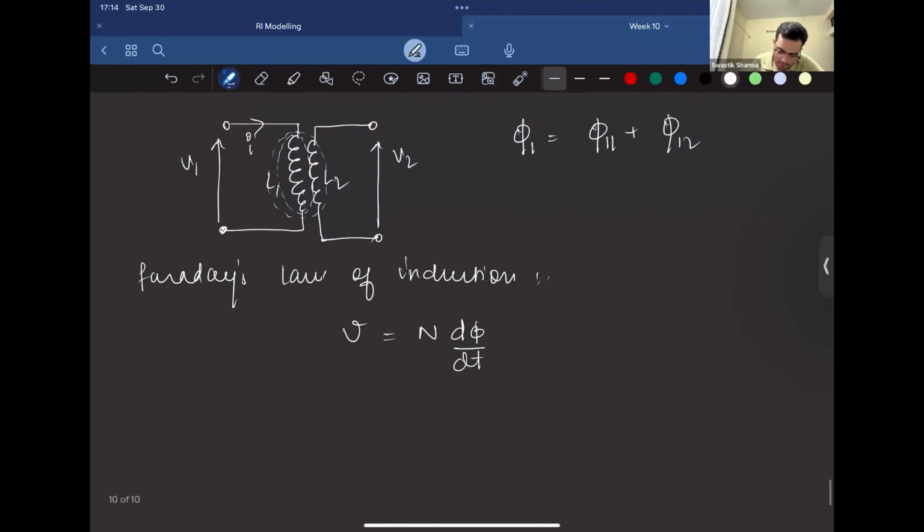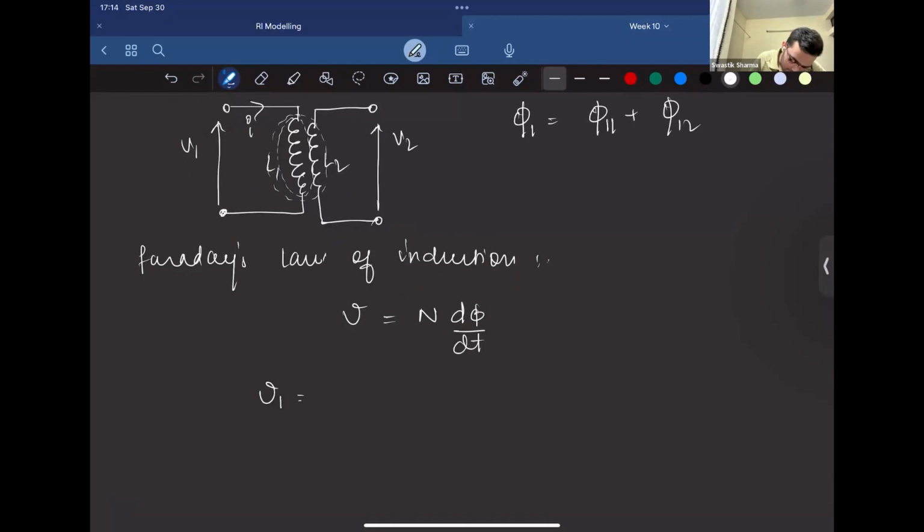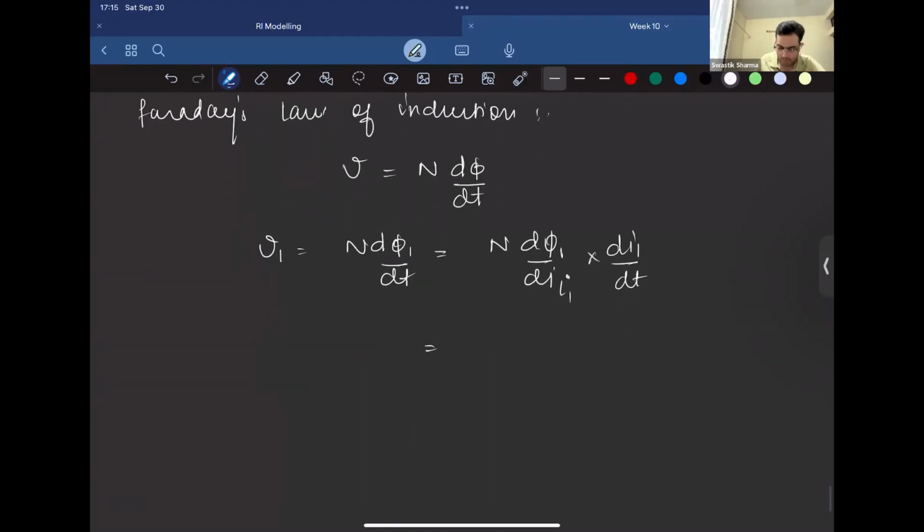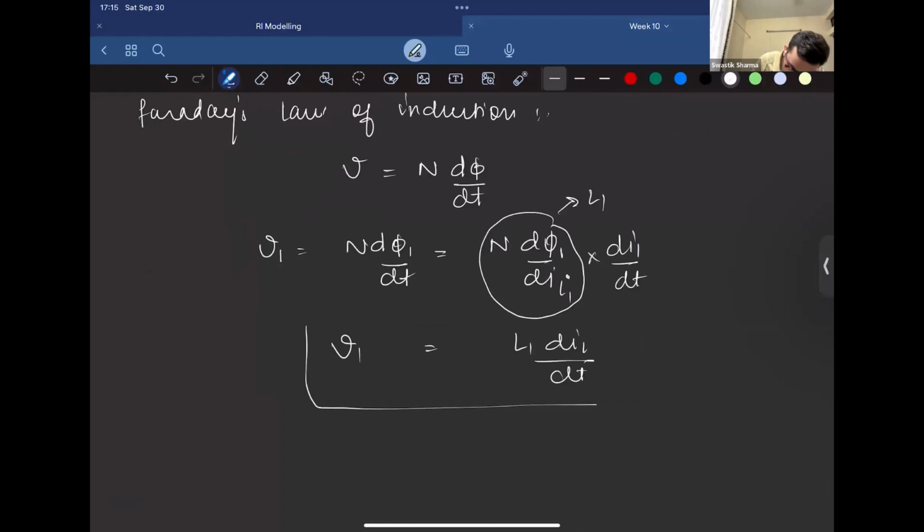Now, as I told, for V1, as it's linking all of the flux, it would be N d phi1 by dt. If I write it like this, I'm just multiplying and dividing by di1, both numerator and denominator. So what is N d phi1 by di1? It's nothing but the self-inductance of the coil, L1. So that's how V1 comes into the picture.